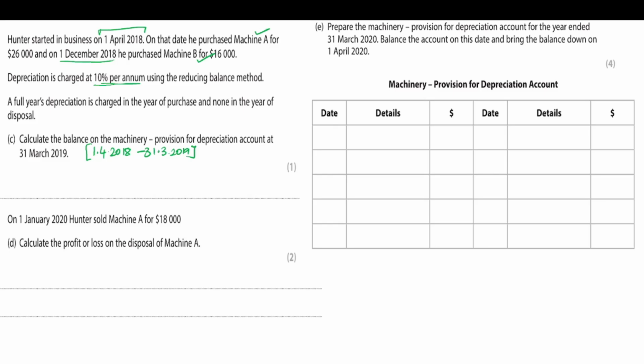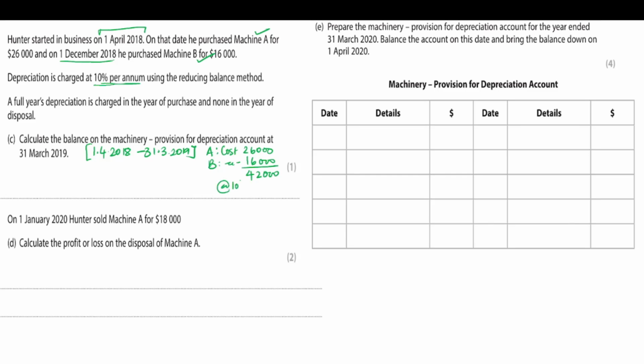So we will say machine A, the cost was 26,000, and machine B, the cost was 16,000. So total comes to 42,000. The depreciation is at the rate of 10%.